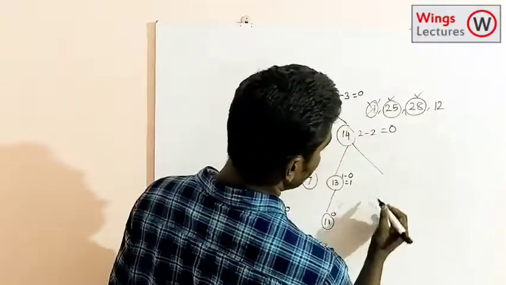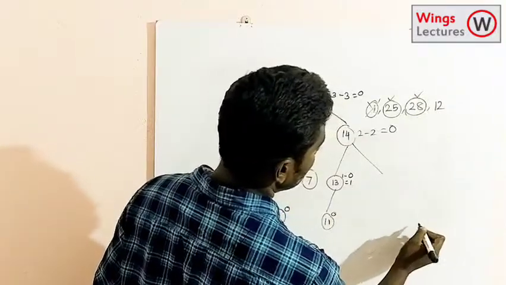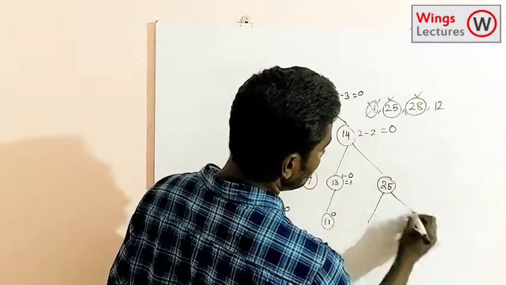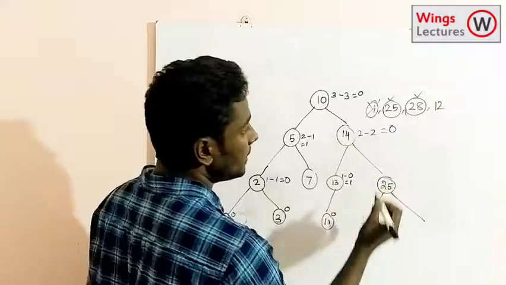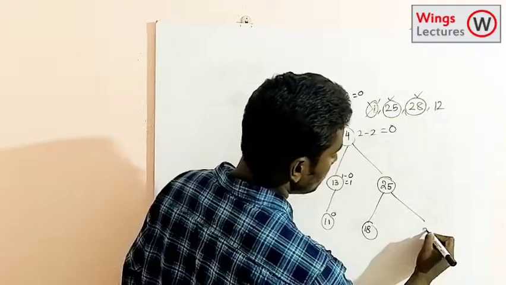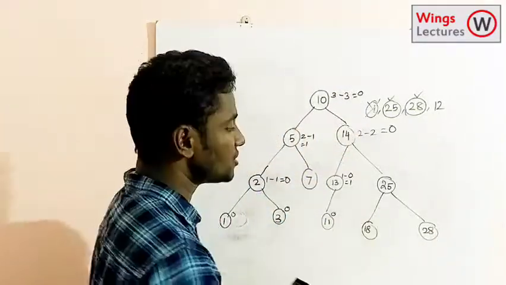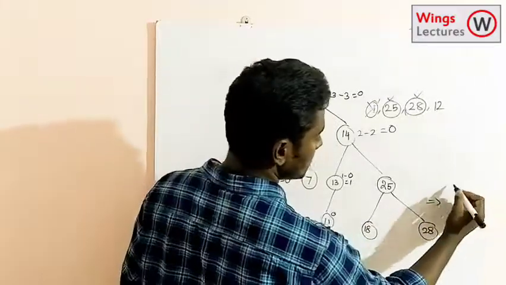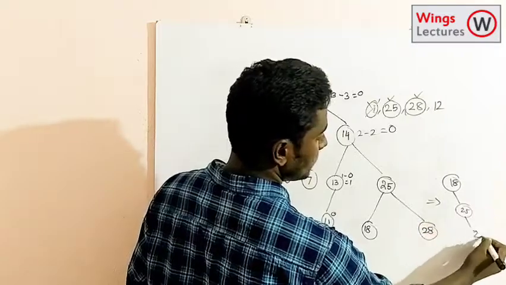So we have to bring the middle element. Which one is the middle element? 25. And the element which is already present is 18, and then 28. So for your reference, I am writing the previous structure: 18, 25, and 28.